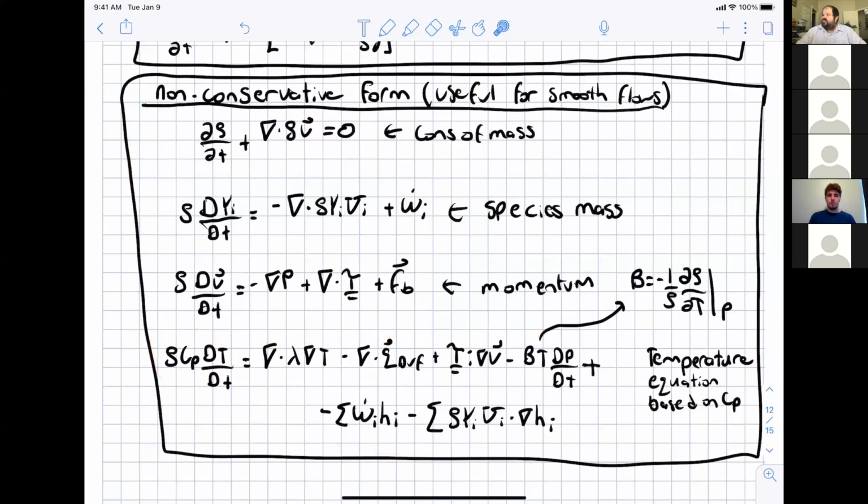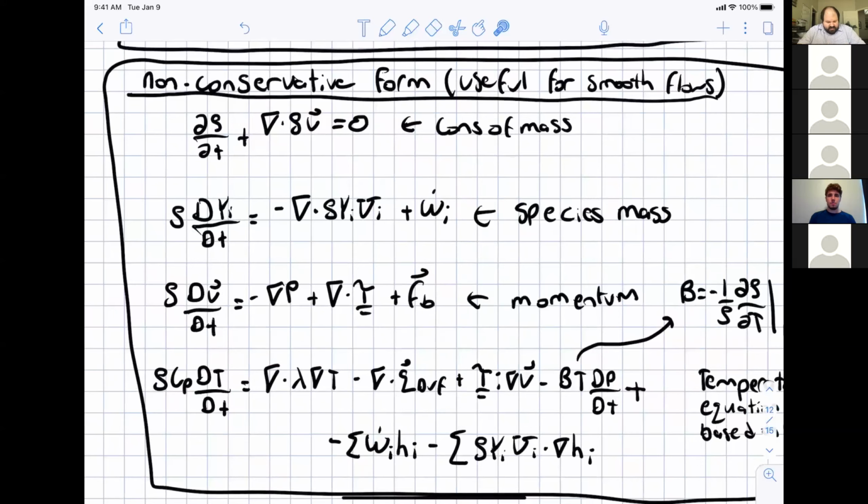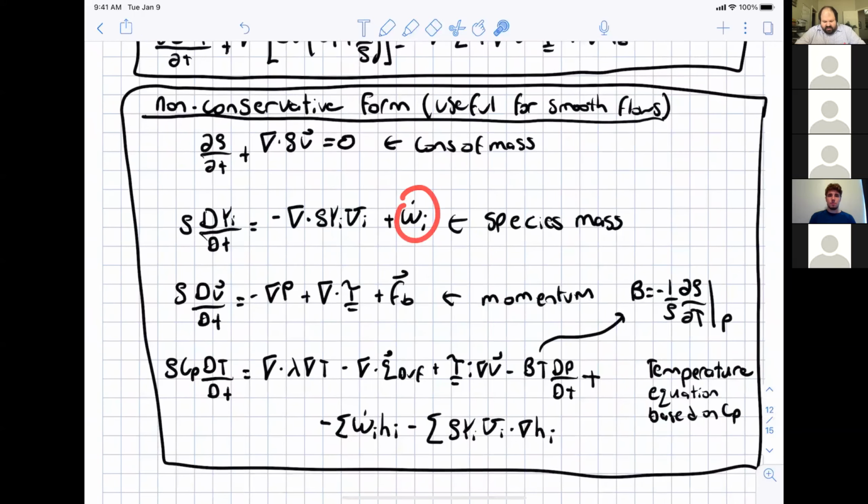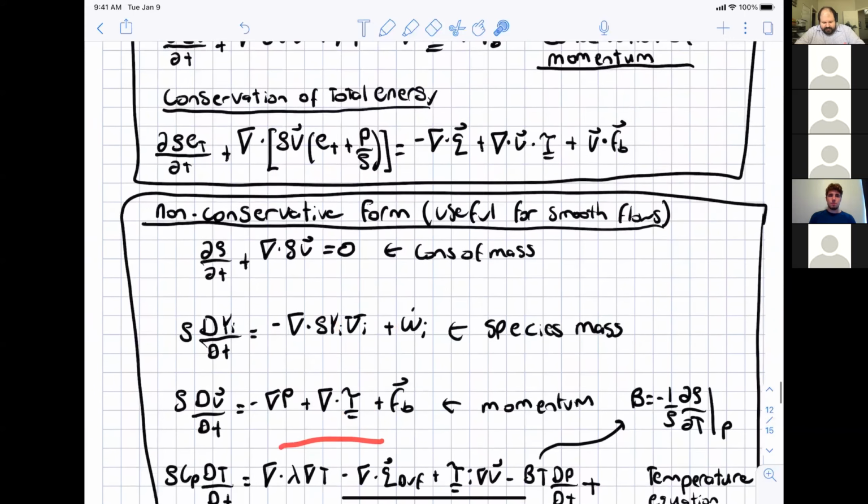Are there any questions with these? Again, I'm just summarizing the governing equations. Now we've got all these equations written down, and you can see how all the pieces we've been going over for the past 2 or 3 weeks, the chemical reactions, the diffusion velocity, the viscous stress tensor, and the heat flux vector, all come together.